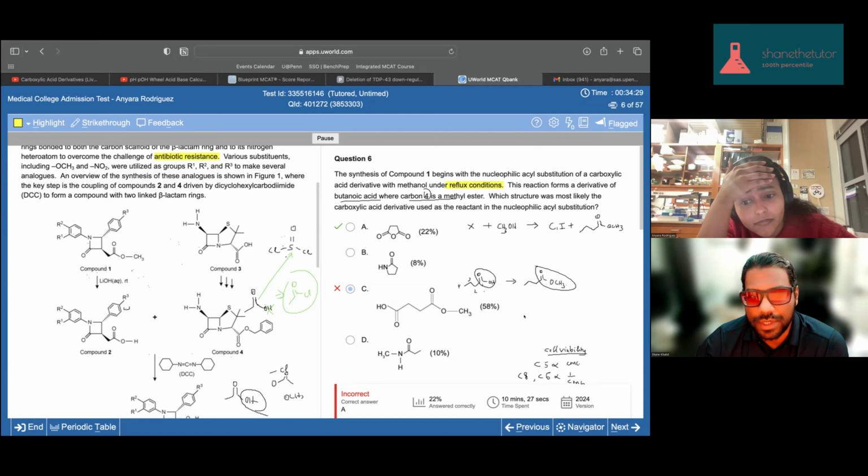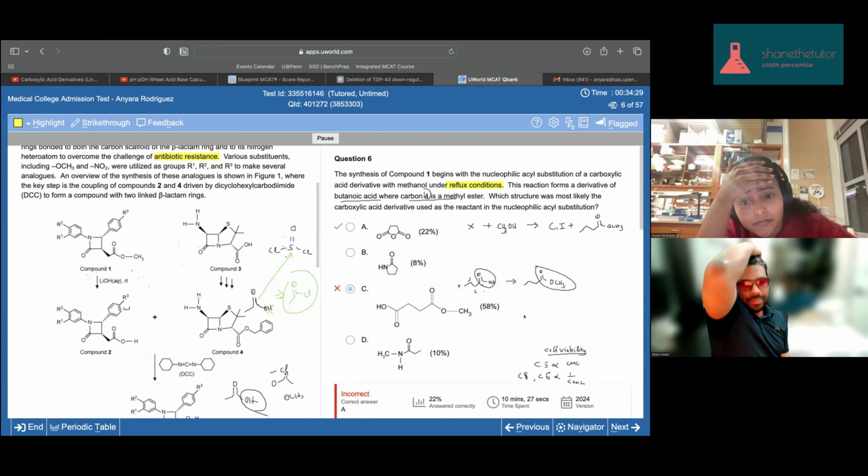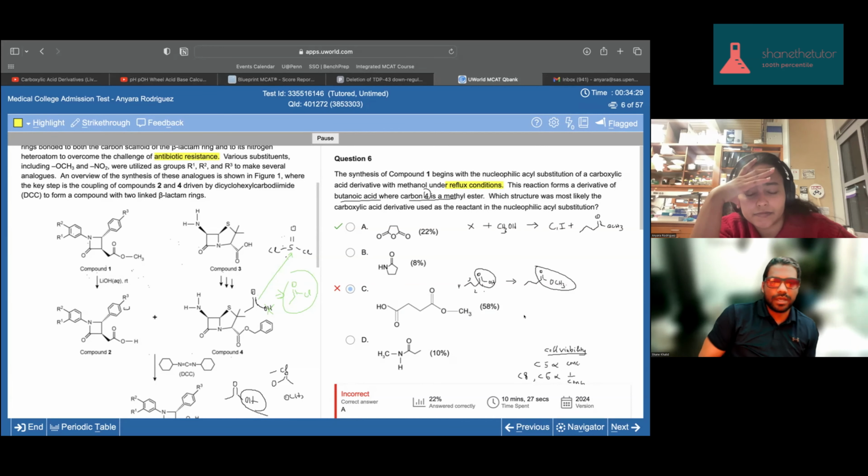So X is also going to be a carboxylic acid derivative, but it will be one that will have its acyl group nucleophilically attacked by the methanol, most likely here.